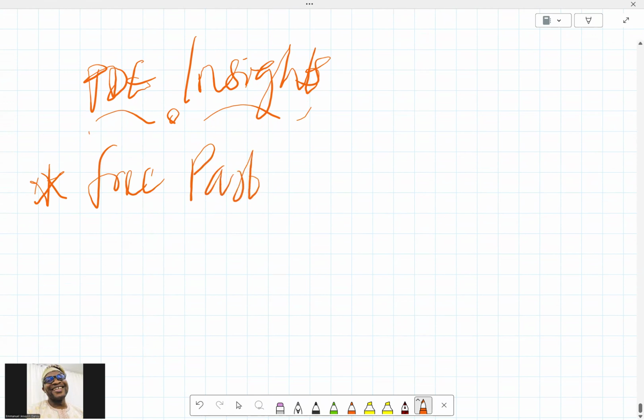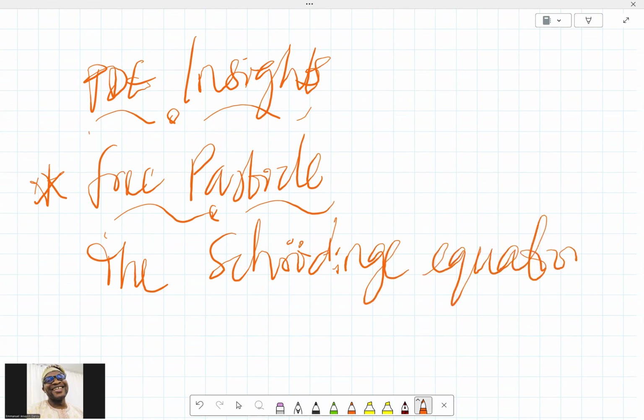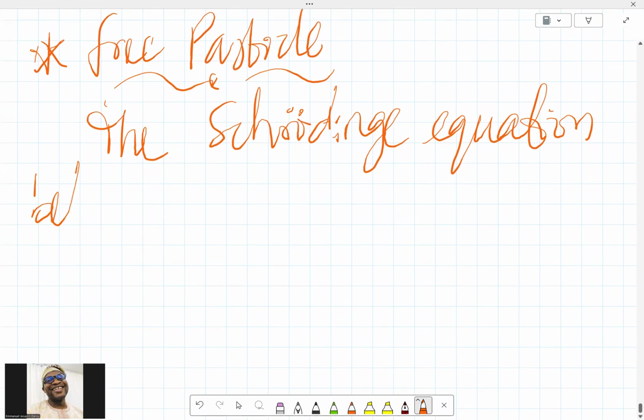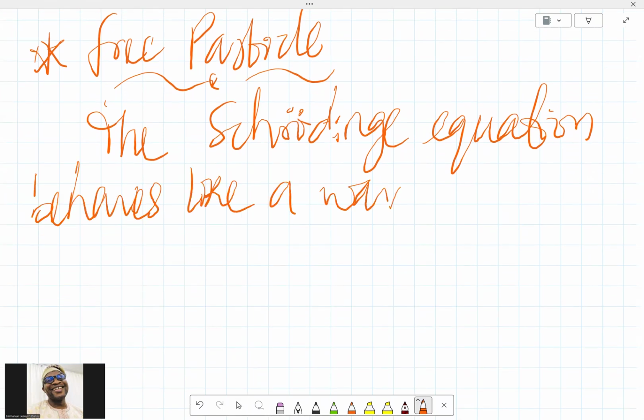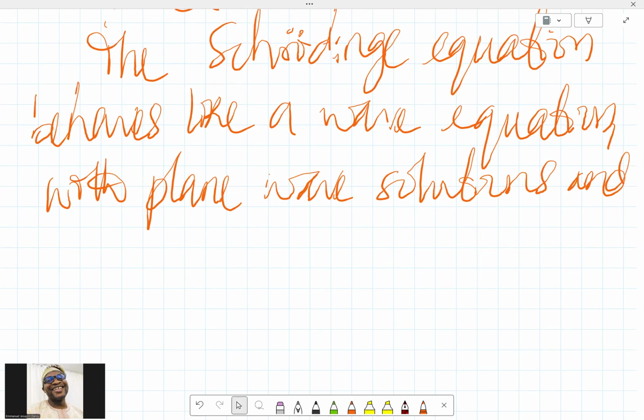For a free particle, the Schrödinger equation behaves like a wave equation with plane wave solutions and continuous energy.